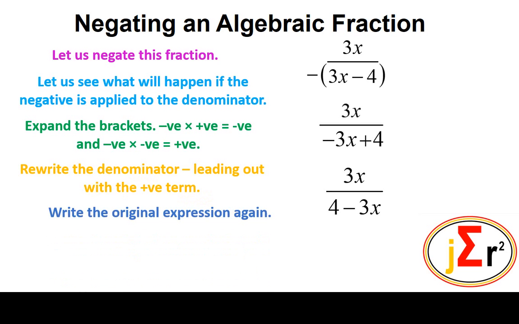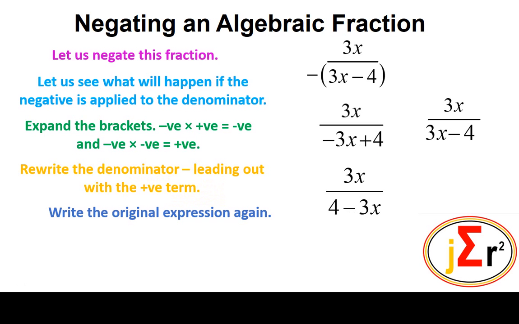So write the original expression again. That is what we are going to do to show that there's hardly any difference. So the original expression is written again. We notice that all that we have here is just an exchange in the position of the terms in the denominator. So the negative sign remains at the same spot. There is nothing different with the position of the signs. We don't even consider what is happening in the numerator.